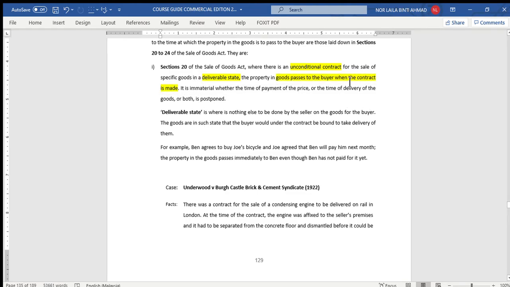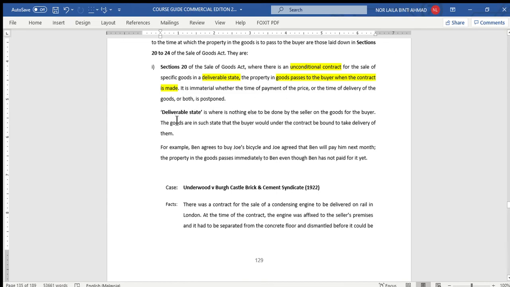When the contract is made means at the time the contract is made. So it doesn't matter if the time of payment or time of delivery is postponed. The most important thing for section 20 is when the contract is made.